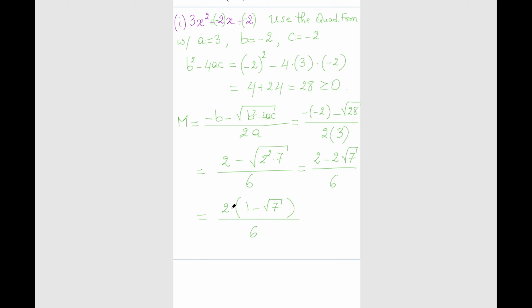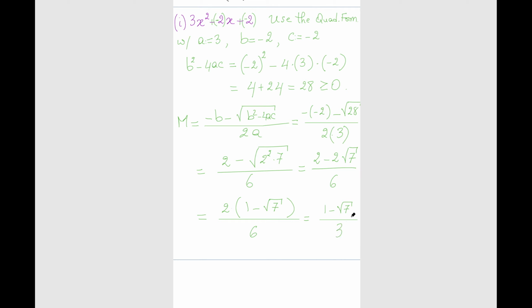I'm factoring because I realized that I have a common divisor upstairs and downstairs. 2 is a divisor for the numerator, you can see it. 2 times that is the numerator. Divide by 6. Certainly 6 is a multiple of 2. It's an even number. So I can simplify by 2. And if you simplify by 2, we obtain 1 minus square root of 7 over 3.